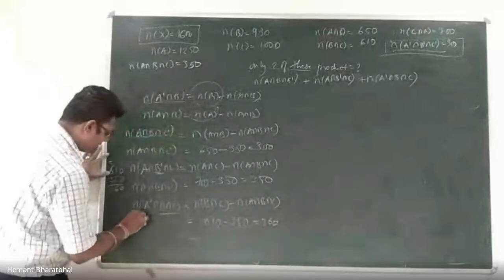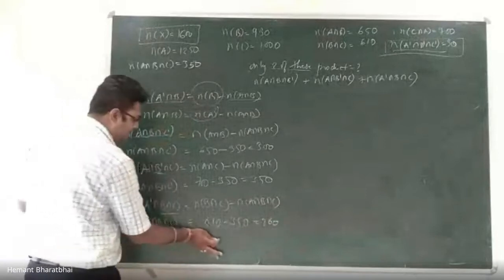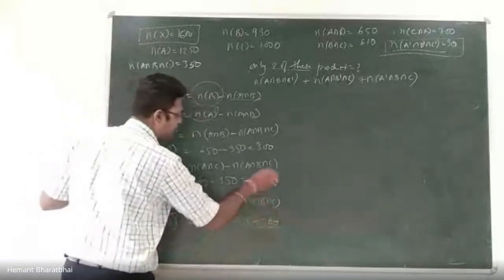We get the number of elements in A complement intersection B intersection C as 260.